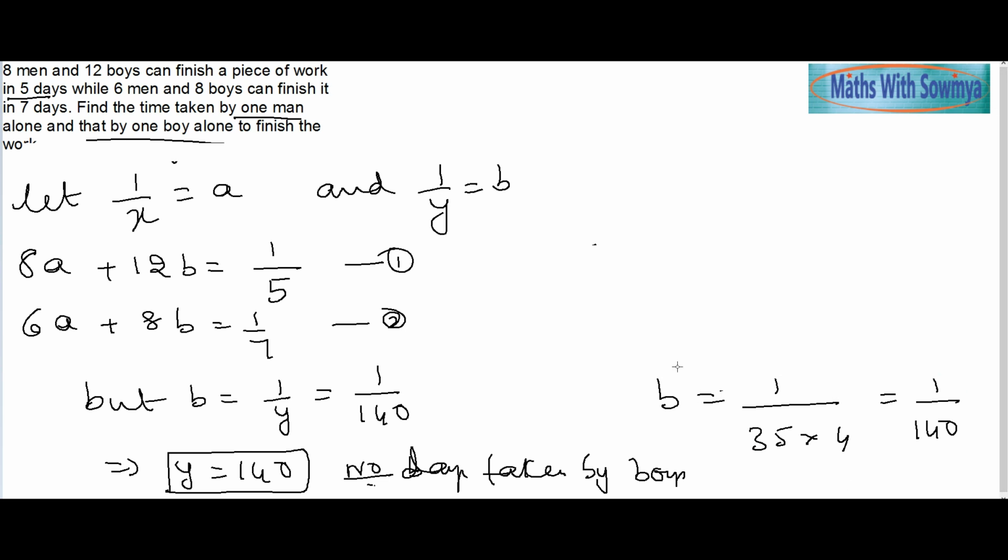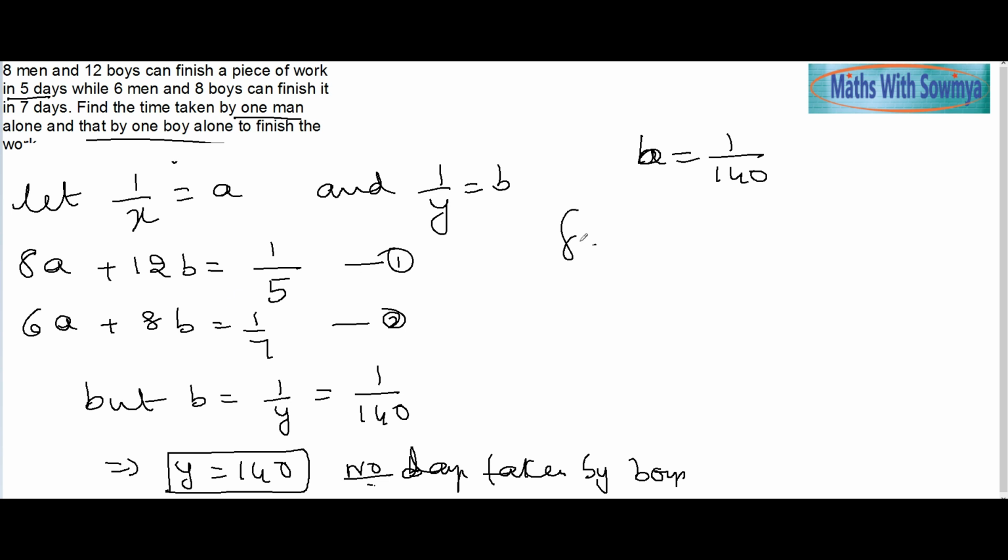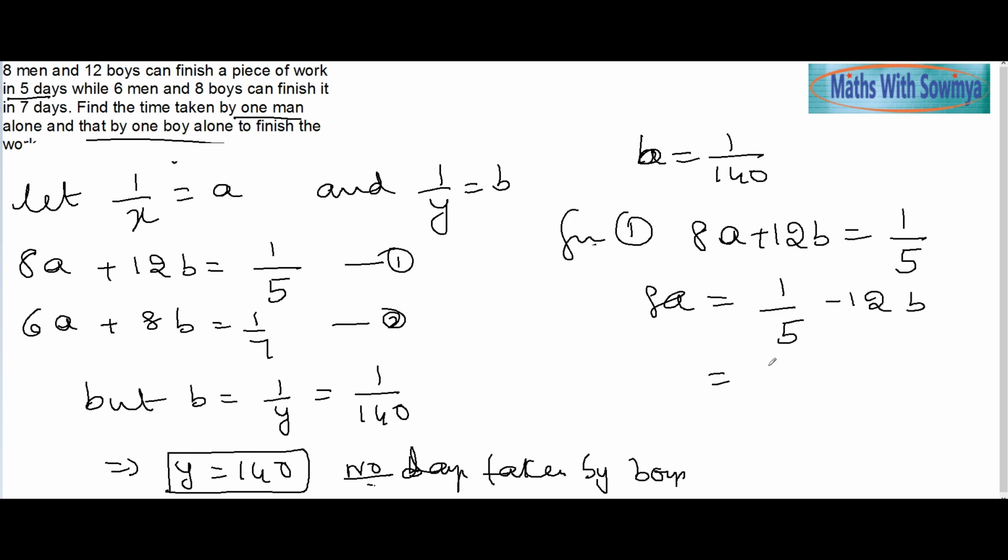Now we can go and find the value of a also. We have b equal to 1 by 140, so we use it in either equation. From equation 1, 8a plus 12b is 1 by 5, so 8a is equal to 1 by 5 minus 12 into 1 by 140.